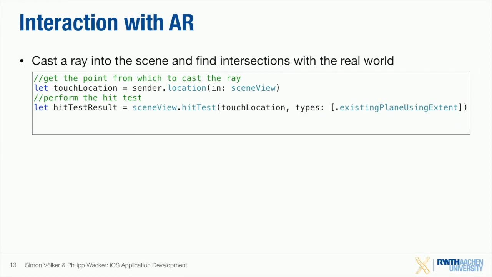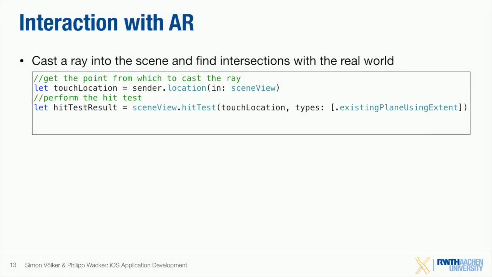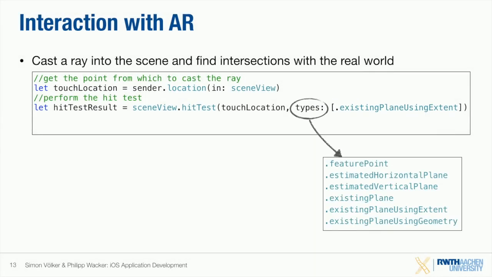And the different elements are here defined by the types array that you pass. And those types can be a lot of different things. You can look for individual feature points. You can look for the different planes, where the system thinks there might be a plane, or where it has actually already tracked a plane.